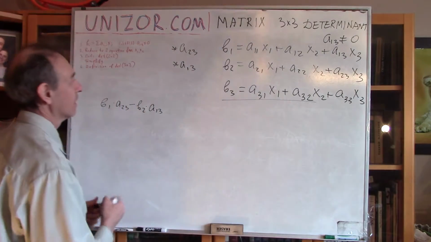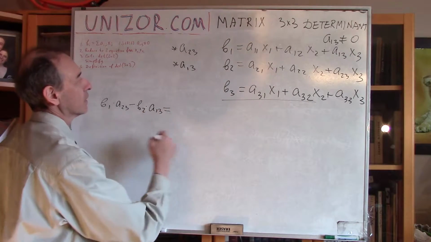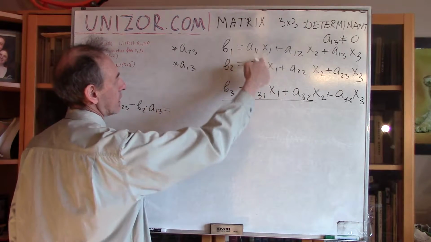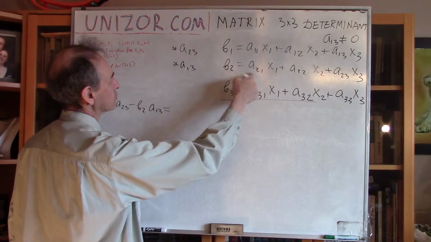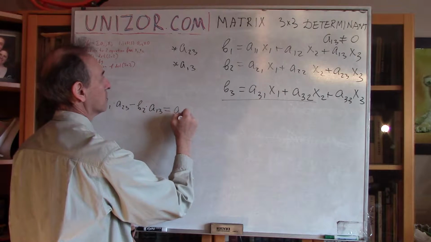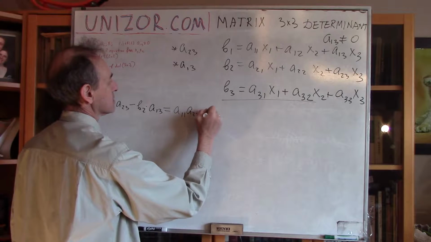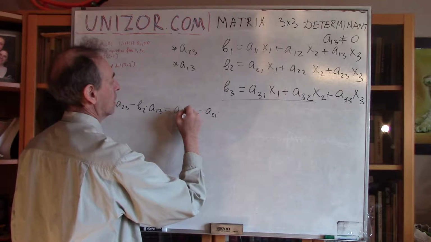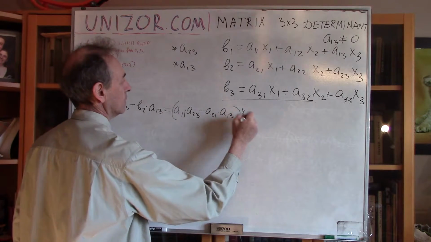All right, so the left part I have just done. Now the right part: the x1 coefficient will be a11 times a23 minus a21 times a13, right? So a11 a23 minus a21 a13. That would be x1.